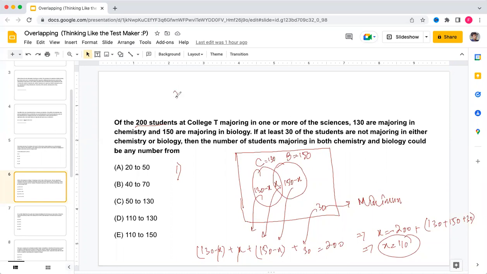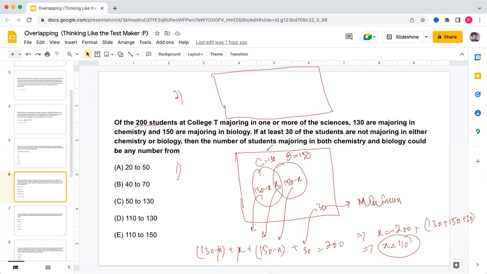And now if we see the other extreme, what could that extreme be? Right now we have a minimum of 30 for neither. What could be the maximum number of students who could be in both?